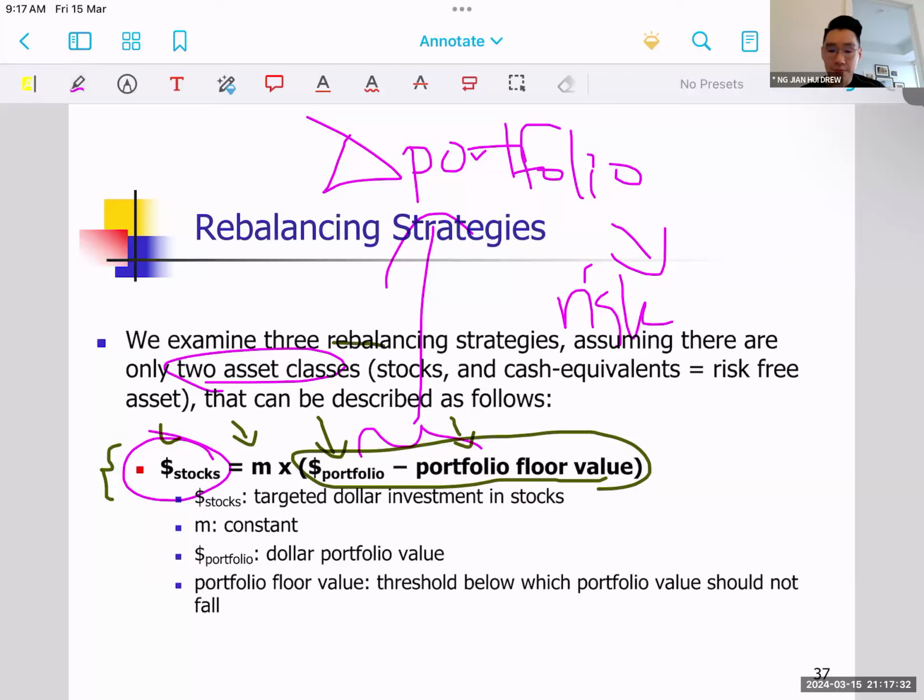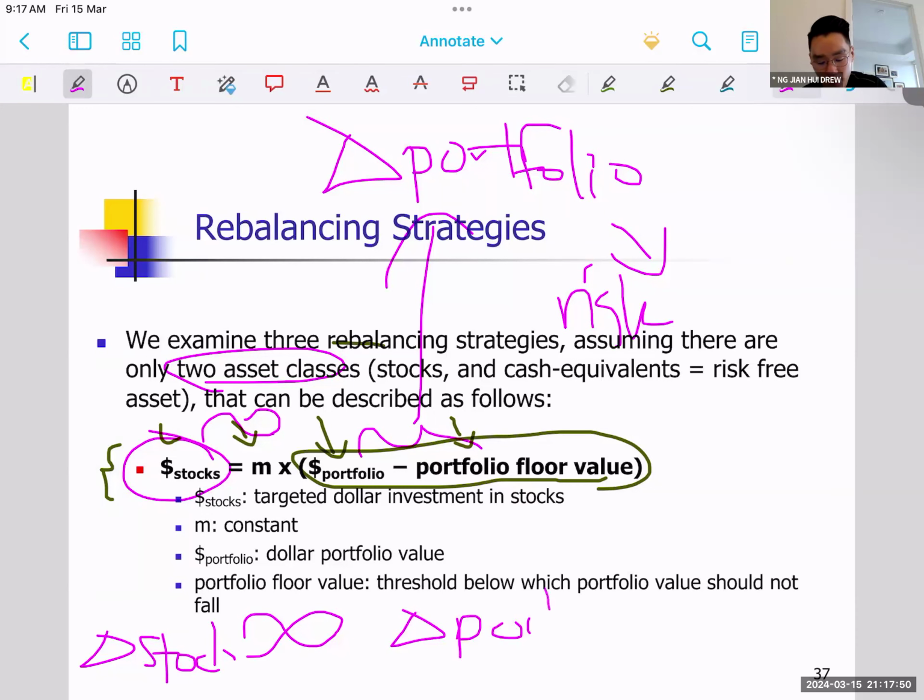So having understood this formula, now we need to determine what proportion of the change in the portfolio due to risk is contributed by the change in stock.